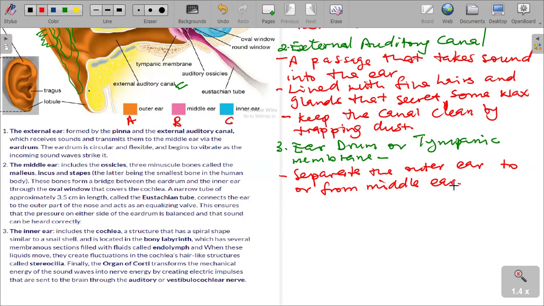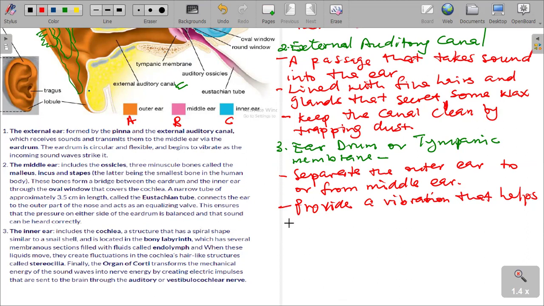Two, sound waves. Another point is that the eardrum vibrates, which helps to convert sound waves into mechanical waves.